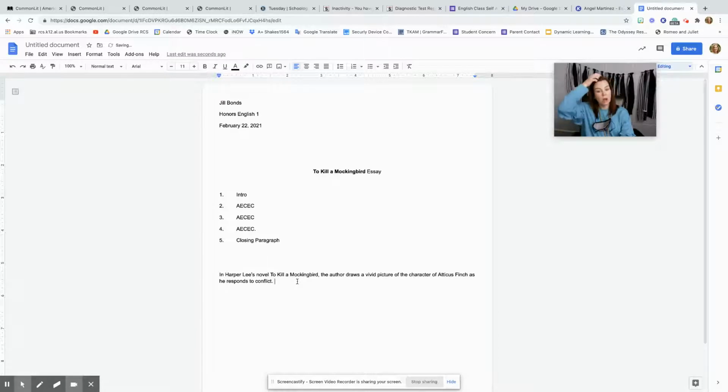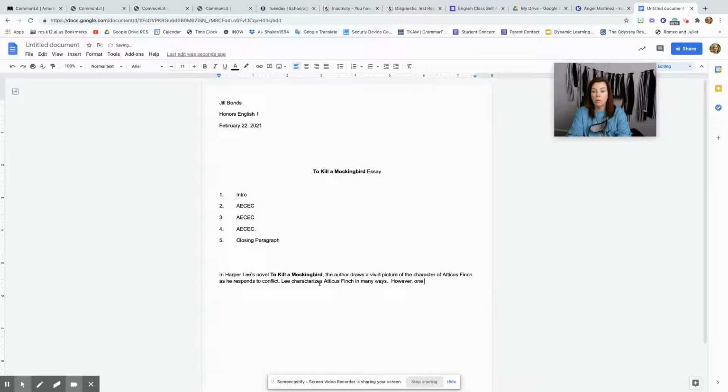In Harper Lee's novel, To Kill a Mockingbird, the author draws a vivid picture of the character of Atticus Finch as he responds to conflict. Go ahead and bold that. We're going to continue that in the opening paragraph, and this is where you're going to add now, like Harper Lee, and you don't need to say Harper Lee again, you could just use her last name. Lee characterizes Atticus Finch in many ways.